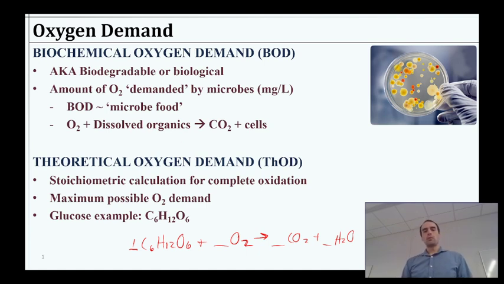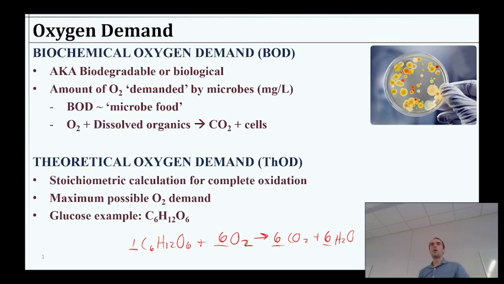So in this case, we have C6H12O6. We'll get 6 carbon dioxides from that. Then we can balance the hydrogens. We've got 12 on the left, so we'll need 6 times 2 to get 12 on the right. Then we look at the oxygens. We have 12 here, another 6, so that's 18. We've got 6 here, so we just need another 12, so a 6 here.